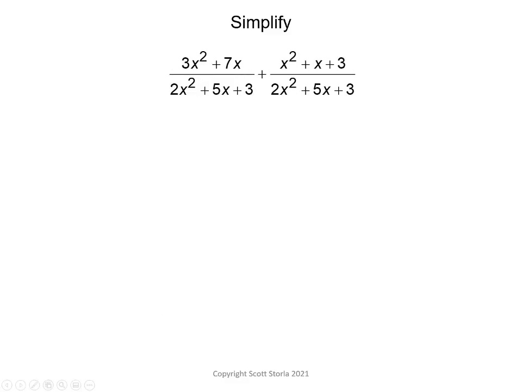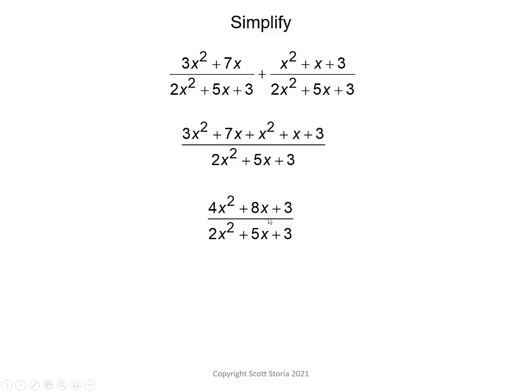And here's the last one. After adding the numerators and simplifying, I have a couple of trinomials. To factor this trinomial, I'm going to use the AC method. AC is 12, B is 8. That brings to mind 6 and 2.